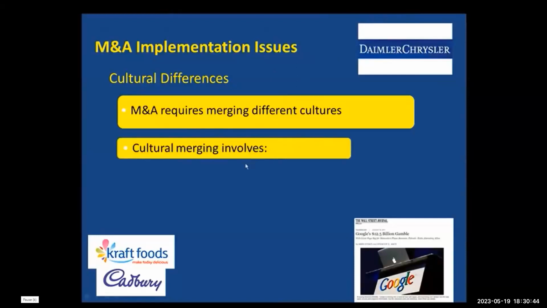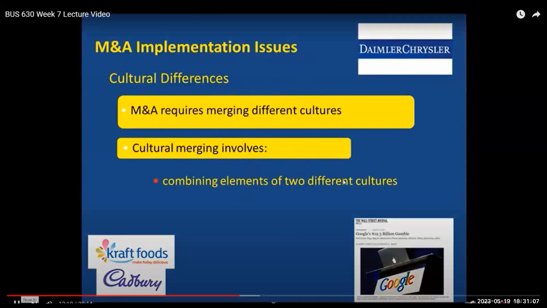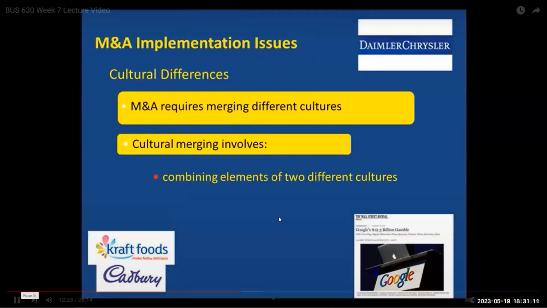Cultural merging involves a number of things. Among other things, it involves the combination of elements of two different cultures, management styles, products, customers, etc. It's interesting to see what's going to happen if the Google acquisition of Motorola happens and the Kraft acquisition of Cadbury, as of this speaking of late 2011, is already complete, and we still have not seen yet the full effect of the combination of both cultures.